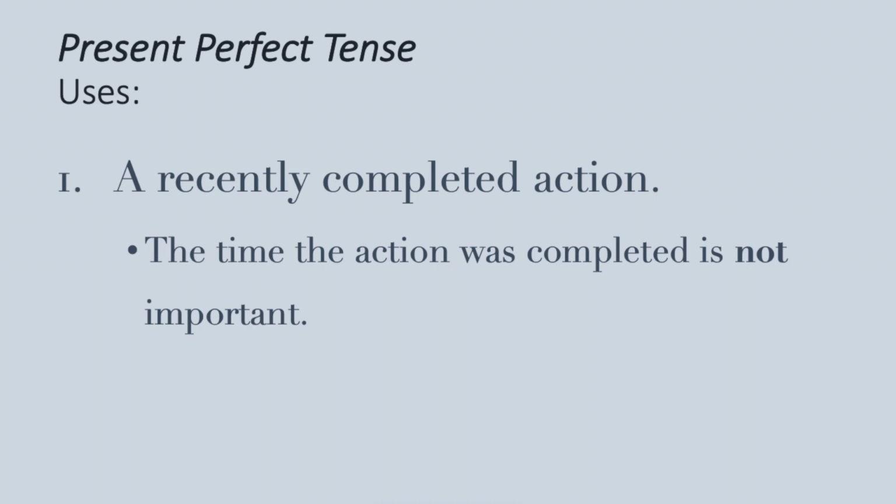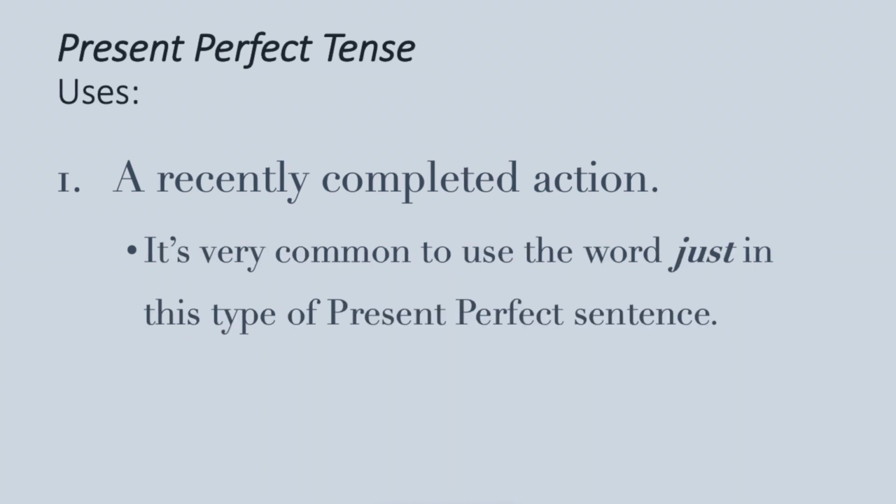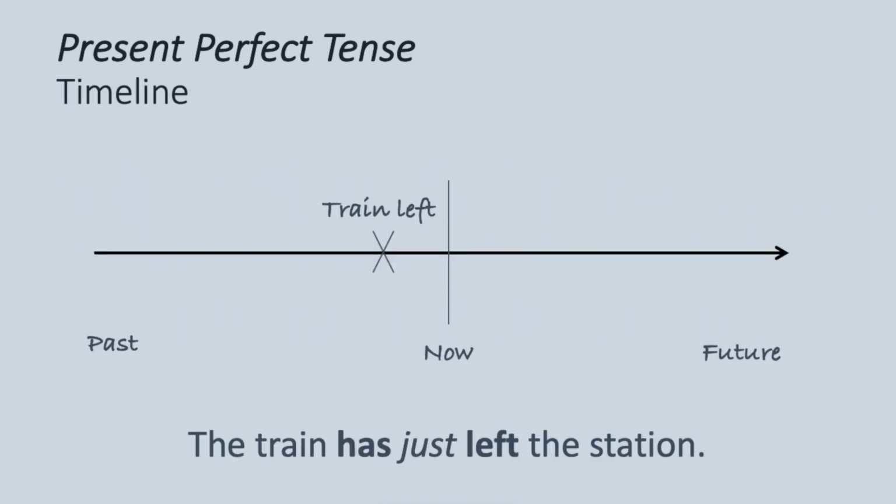I want to bring to your attention that it's really common to use the word just in this type of present perfect sentence. An example of using the present perfect in this way is, the train has just left the station. Here I'm using an irregular verb, so the past participle is left.